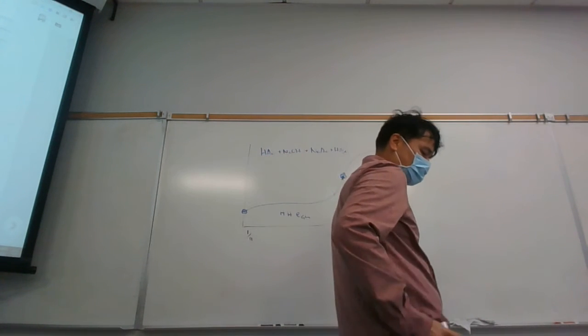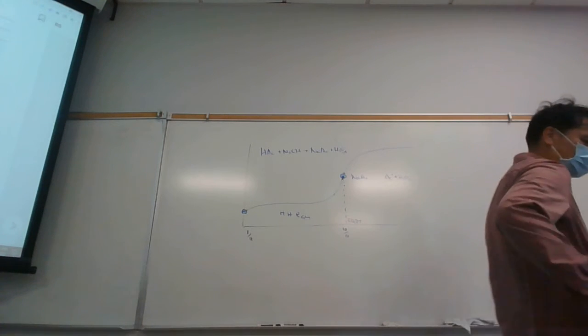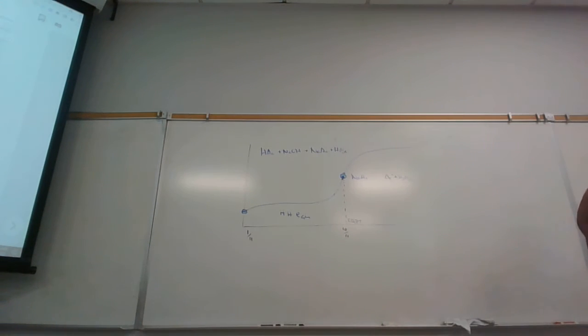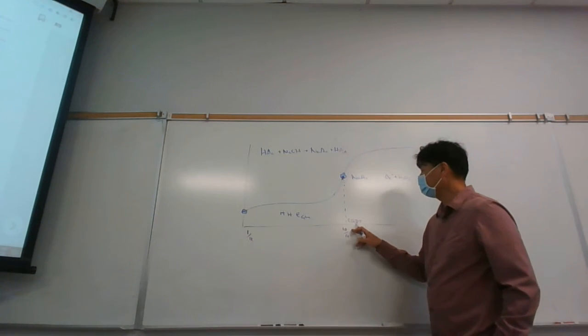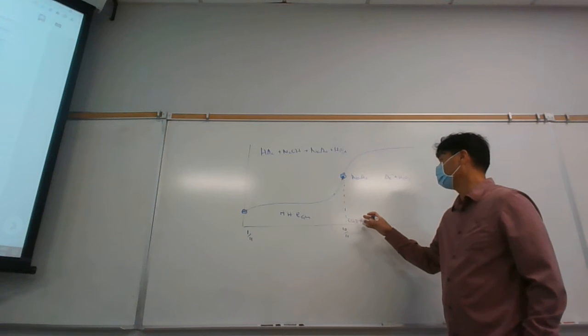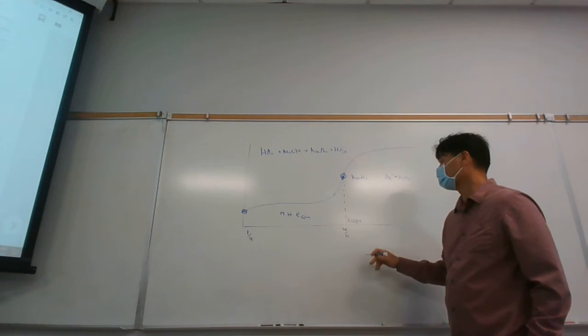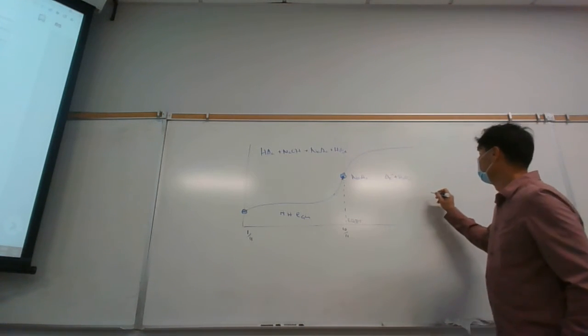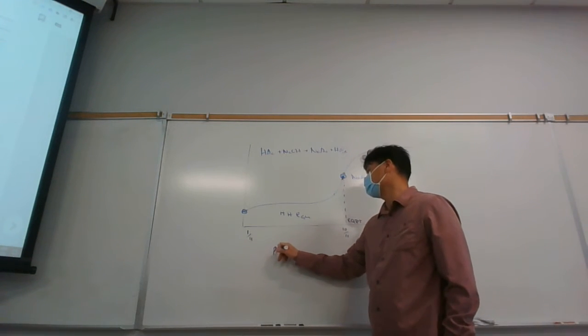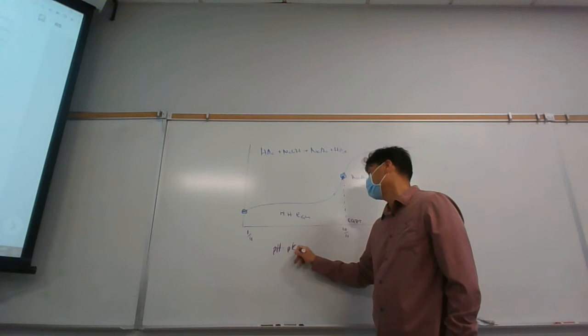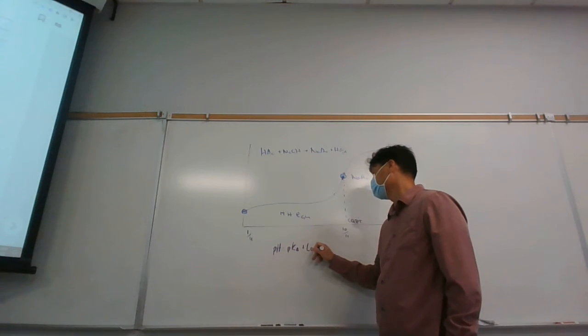Let me give you one of the equations for the shortcut method. If we know the equivalence point here would be, let's say, 10 milliliters, then we can figure out what pH is in this Henderson-Hasselbalch region. pH is equal to pKa plus the log.